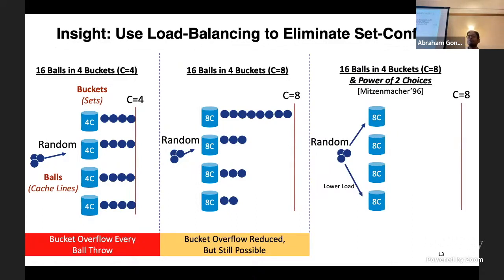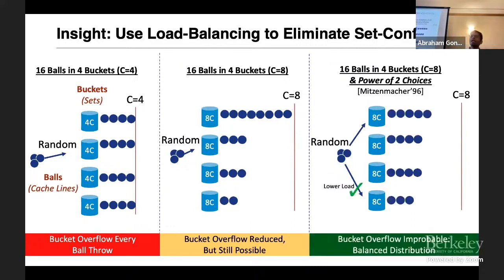What we observe is that now, instead of just using one random bucket, what if you use 2 random choices for buckets and always pick the bucket with the lower load to install the ball? What happens is that you end up with a very uniform distribution of balls in buckets. The skews in these bucket distributions are extremely minimized, and you will never get a bucket overflow.